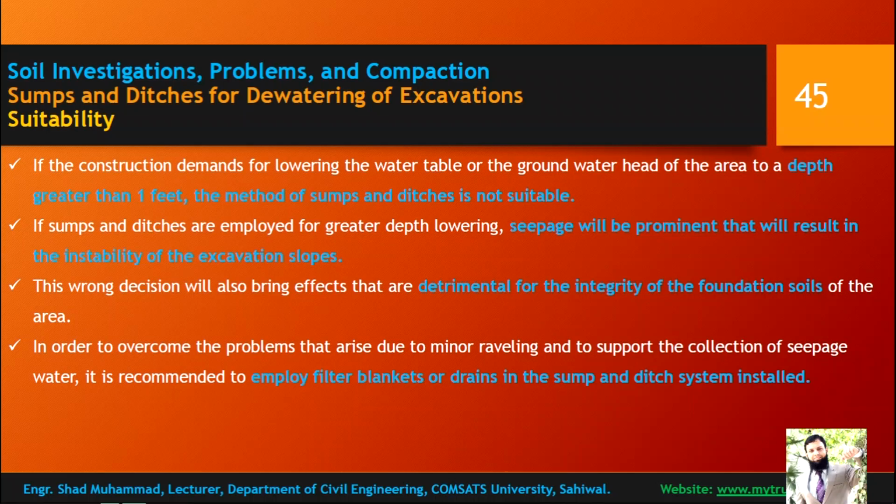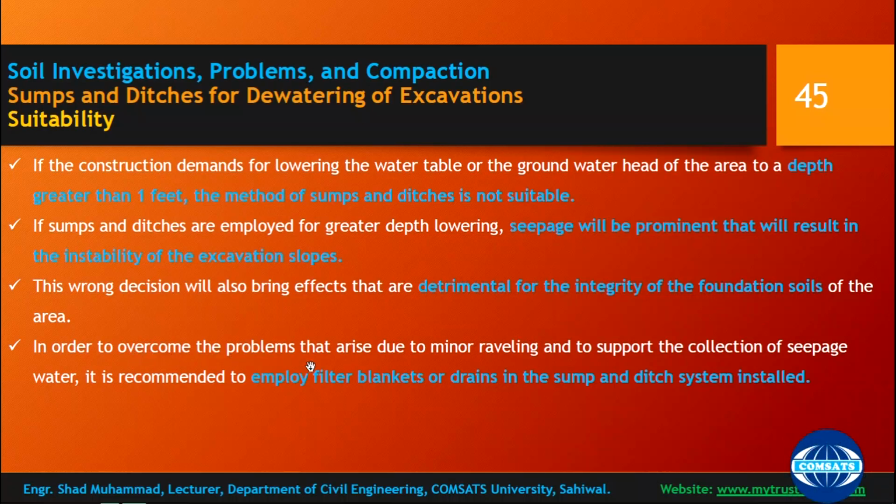If sump and ditches are employed for greater depth lowering, seepage will be prominent and will result in the instability of the excavation slope. This wrong decision will also have effects that are detrimental to the integrity of the foundation soil of the area.